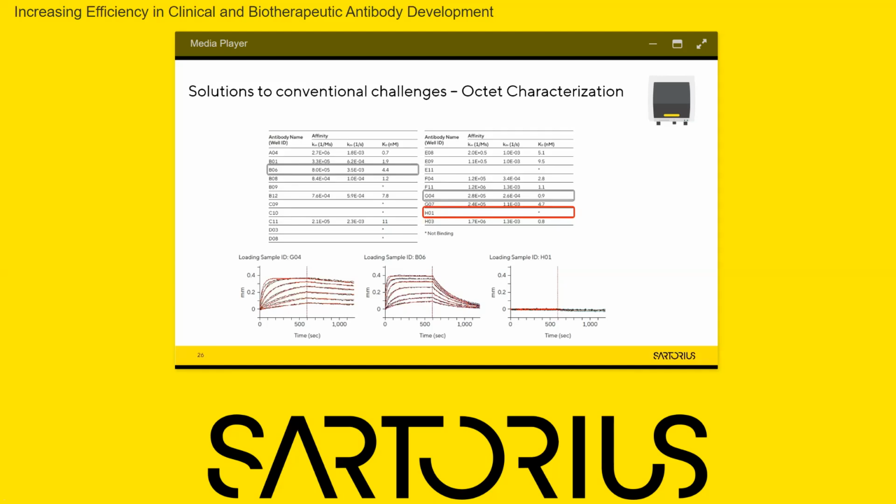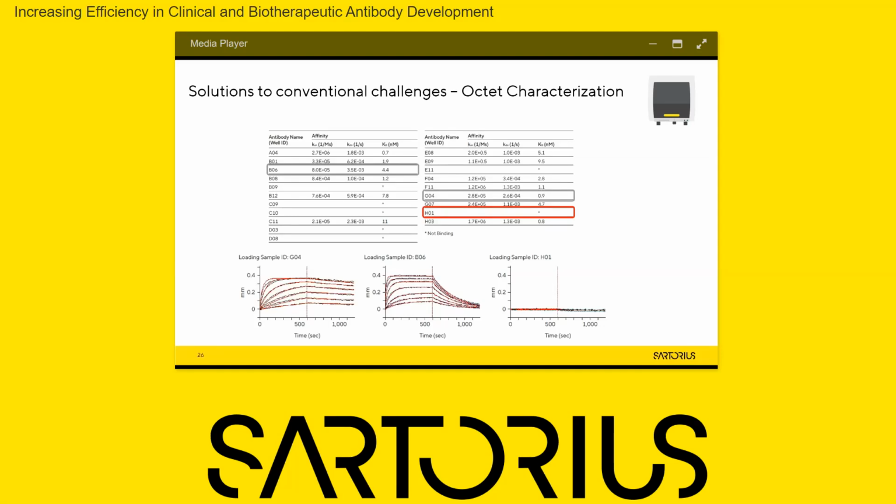This high on rate is quite a steep curve, but also a high off rate. So there's a high dissociation as well, leading to a lower affinity than G04 on the left, which has a lower on rate, but also a lower off rate, as you can see in the sensorgrams.